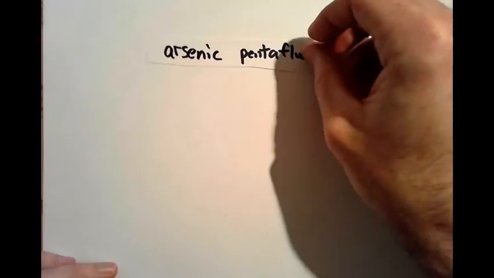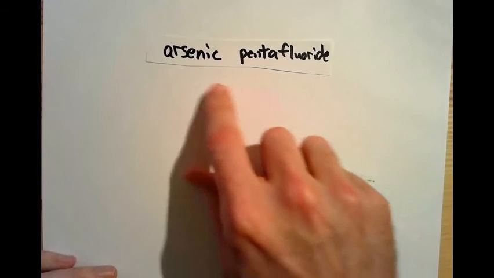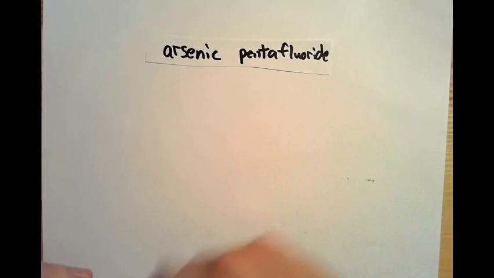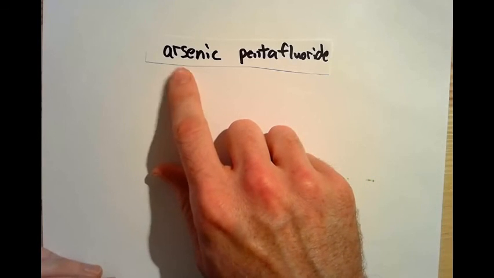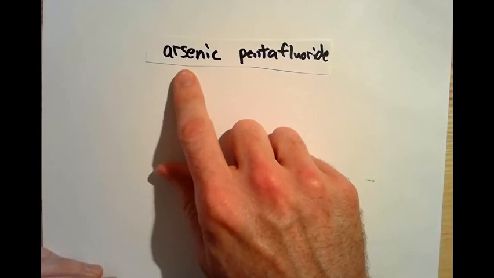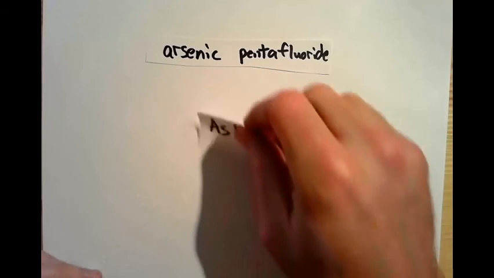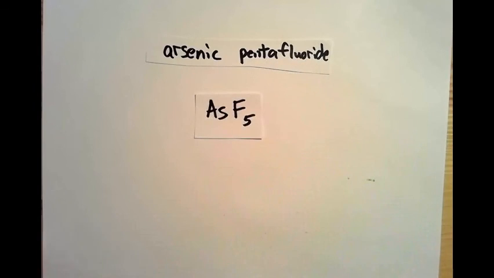Also, if I gave you the name arsenic pentafluoride, this is arsenic, meaning 1, and there's no Greek prefix, so there's 1, and penta meaning 5. So that would be AsF5.